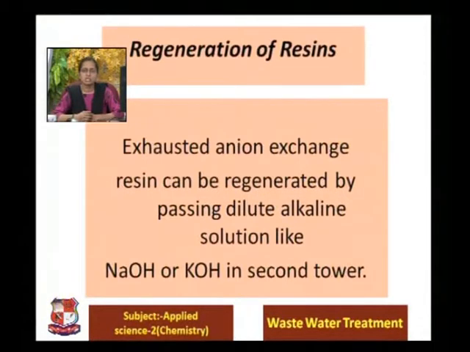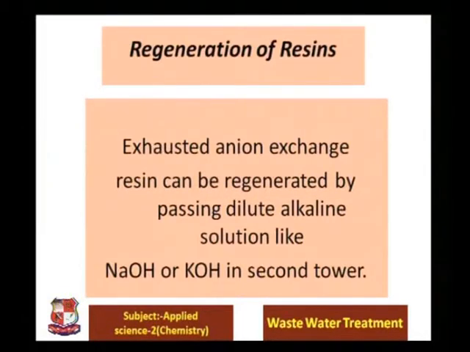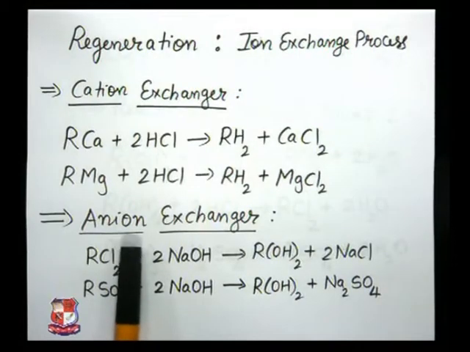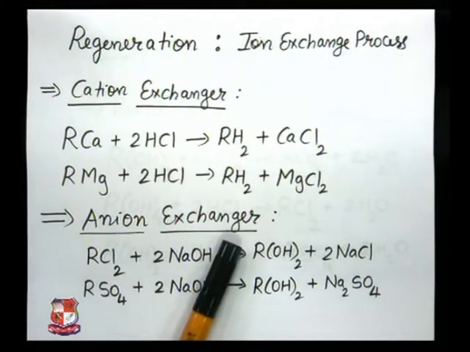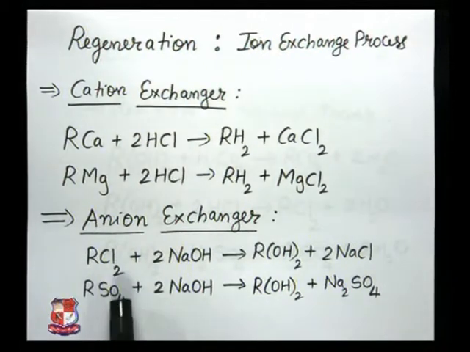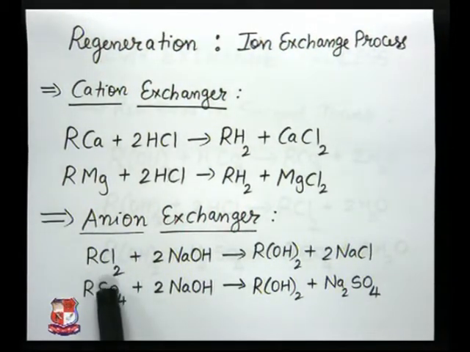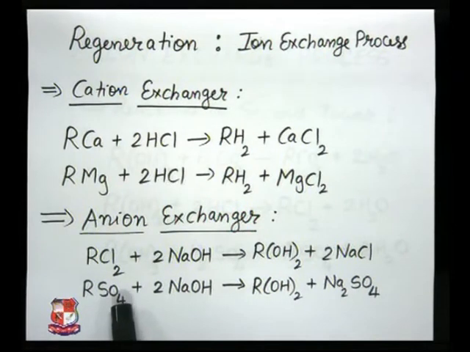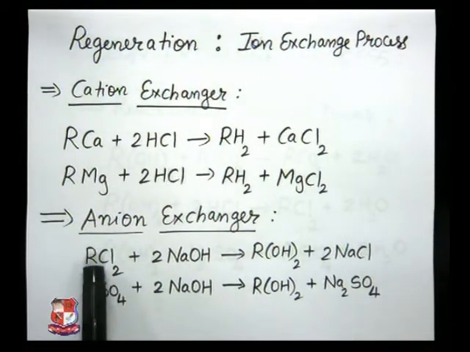This is going to regenerate your anion exchange resin. Let us try to understand how the regeneration of the anion exchanger occurs. Look here, for the anion exchangers you have chlorides and sulfate. These are the anions.